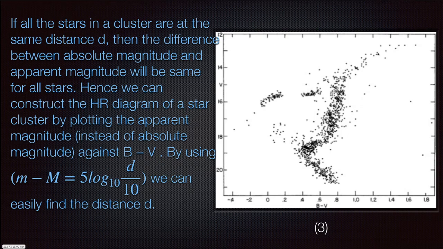So now, if you see the overall appearance, it is quite different from the one we did for binary stars. In that previous HR diagram we found the B-V for the main sequence was 0, but here as we can see it's 0.3.